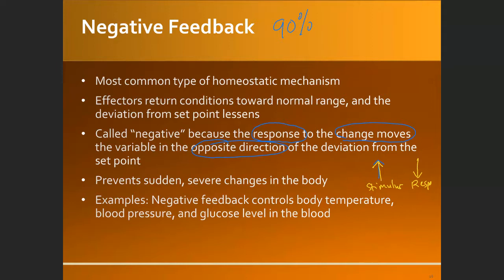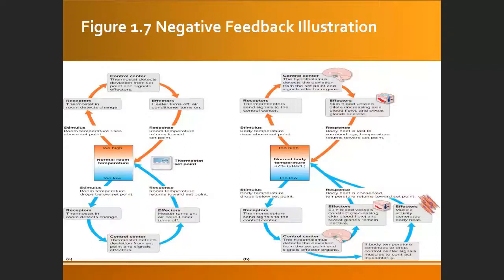If the stimulus decreases, like decreasing body temperature, then the response will increase the body temperature. So this is also a negative feedback system, and this is the most common type of feedback loop used for our homeostasis.